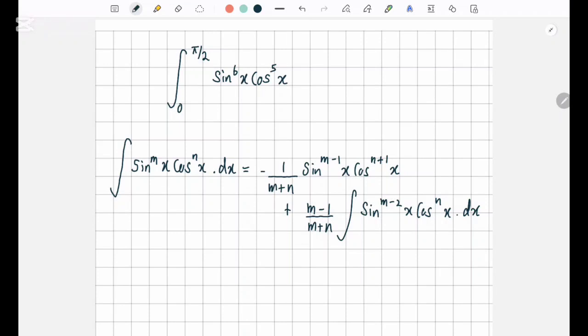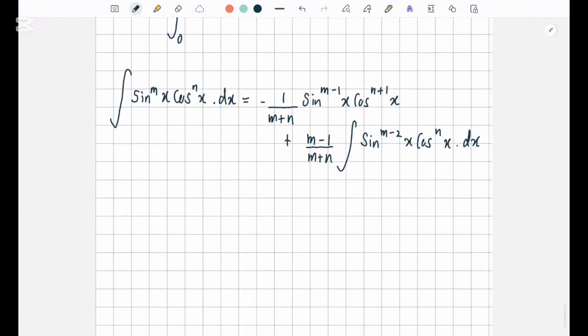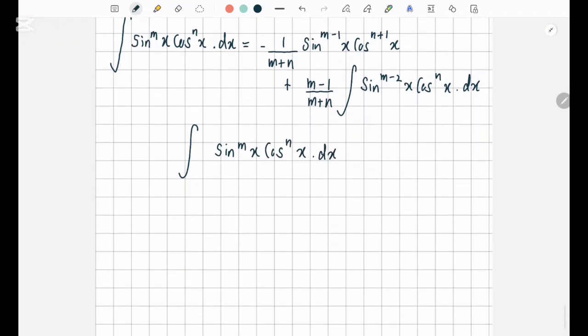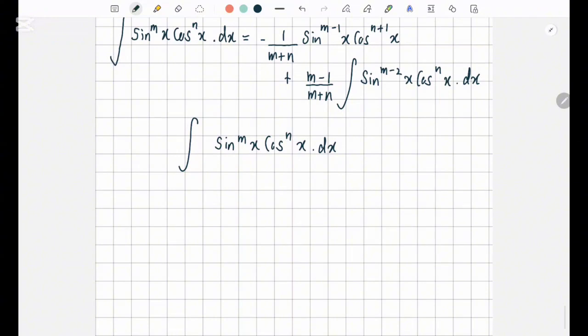So first of all we need to prove this. To do that, let's use the integral of sine x to the power m and cos x to the power n. I'm going to break this down like this.